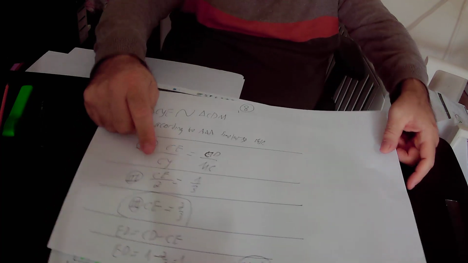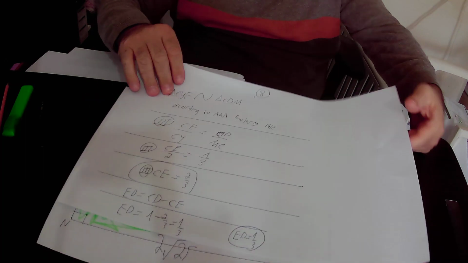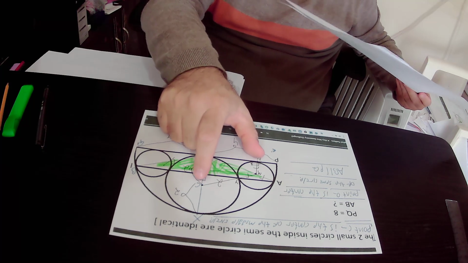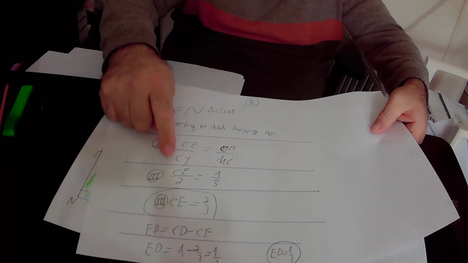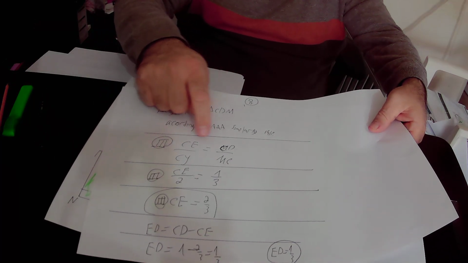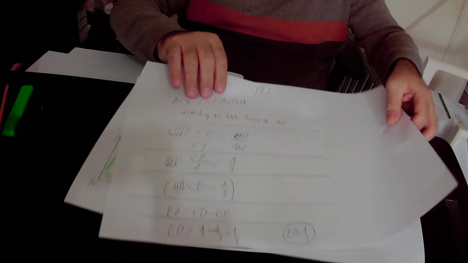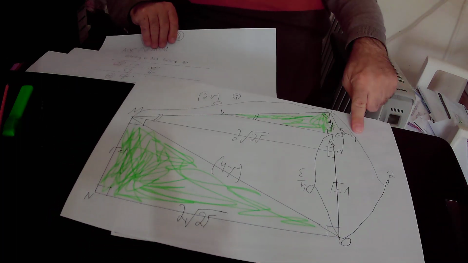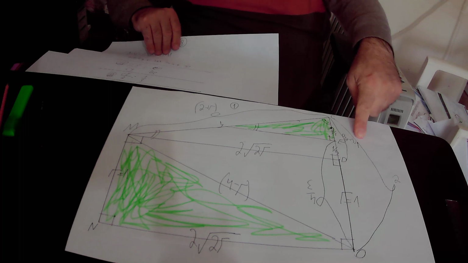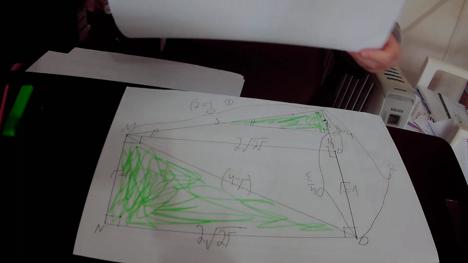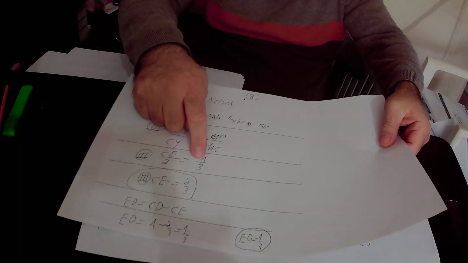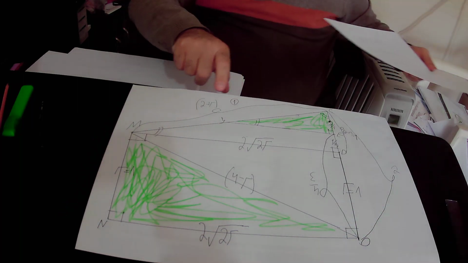So CE over CY. What is CY? CY equals 2 units. So CY is 2. What is CD? We already found out that CD equals 1 unit. And what is MC?